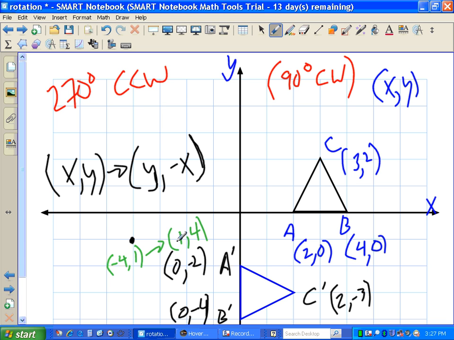So 270 degrees counterclockwise rotation, (1, 4). Picture it if you will, counterclockwise. We go and then to there. So I believe that is correct. 270-degree counterclockwise rotation. There's my rule.